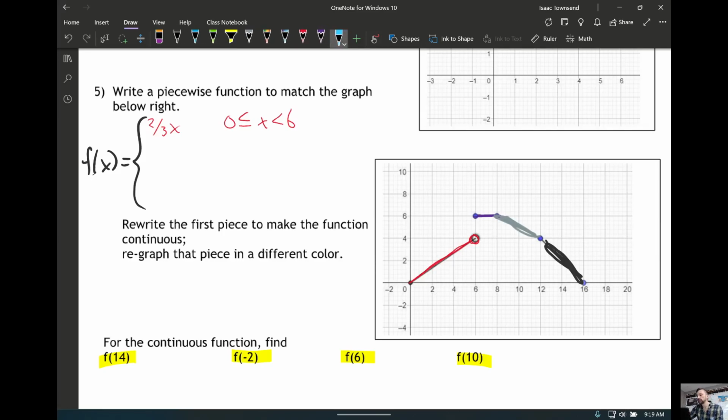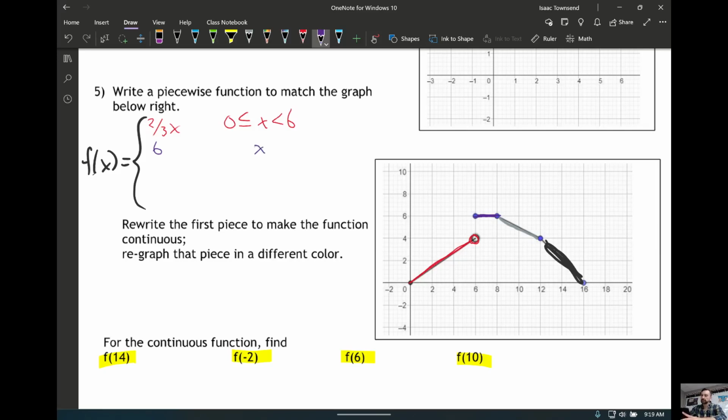Okay, the next line, which I have as purple here, is a horizontal line where y is always 6. So y equals 6 is its equation, and it exists from 6 to 8. They look like they're both closed circles.